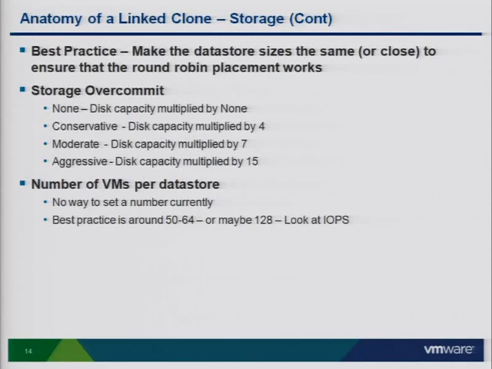But we need to know that you have enough physical spindles underneath that data store to support the I/O requirements for the virtual desktops, the linked clones that reside in that data store. That's the end of the conversation. So that could be 250 linked clones. It could be 20. It really depends on the I/O requirements. Does that answer your question? I forgot who asked the question.